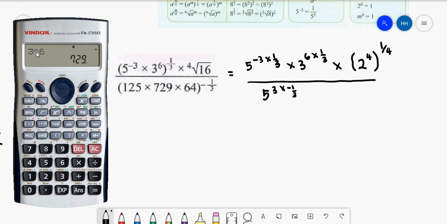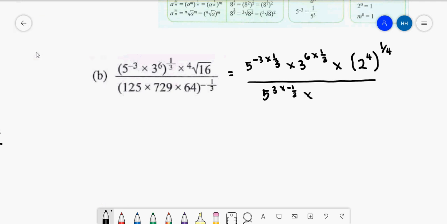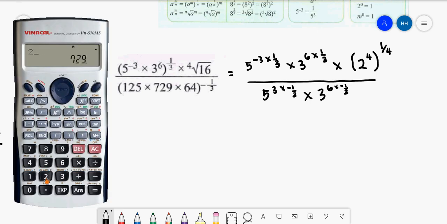So I write times 3 to the power of 6, and don't forget times negative 1 over 3, and then we have 64. 64 can be written in base 2, but 2 to the power of what? You can try and error. 2 power 4 is 16, so 2 power 6 is 64.